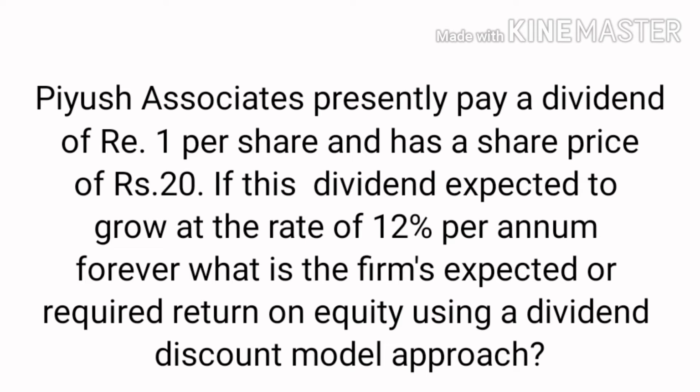Now we will try a small problem on the cost of equity share capital. Piyush Associates presently pays a dividend of rupees 1 per share and has a share price of rupees 20. If this dividend were expected to grow at a rate of 12% per annum forever, what is the firm's expected or required return on equity using a dividend discount model approach?